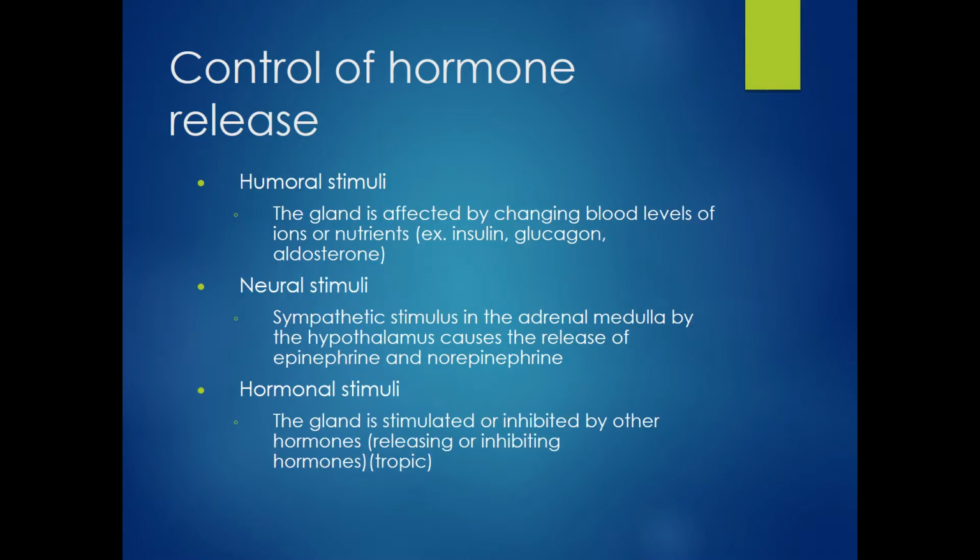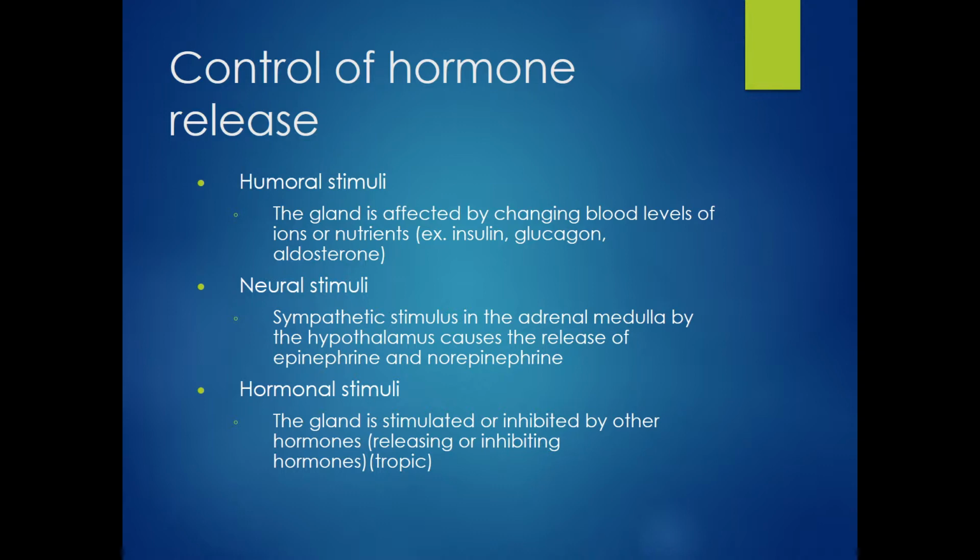All right, now, in the tables that you had to fill out, the first column was all about what triggers the release. What is the stimulus for the release of the hormone? We can lump all the hormonal stimuli together into 3 categories. They can be humoral, which means you're going to have something in your bloodstream that changes, like sodium, potassium, glucose, or water levels.